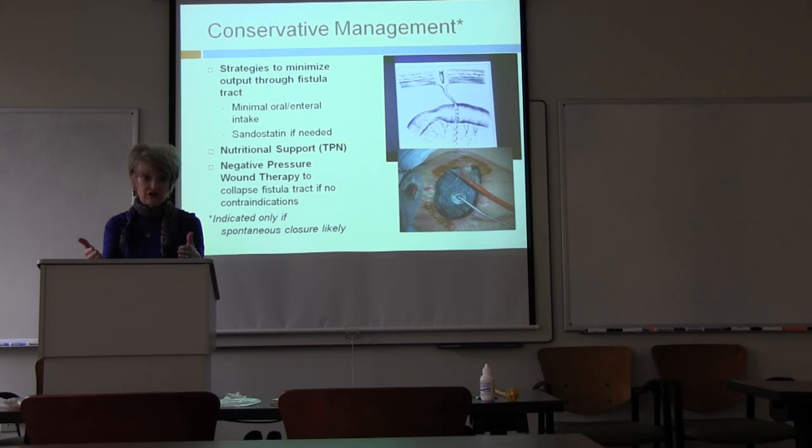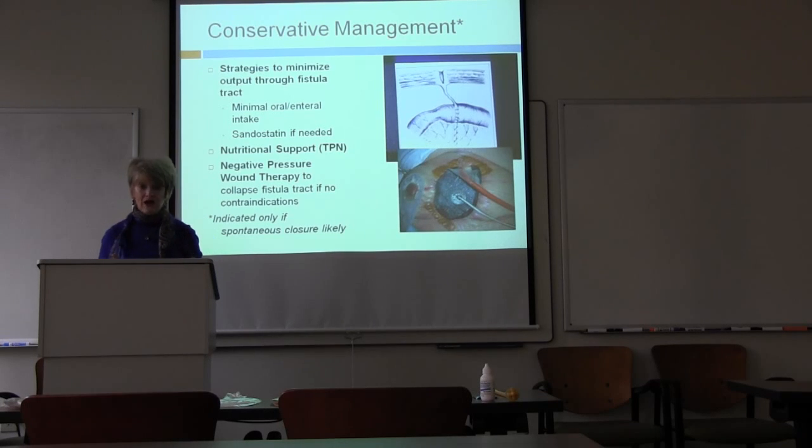Should we keep that patient on sandostatin? Yes. But if the patient is, say, 900 cc's at baseline, we add sandostatin, they go to 800 cc's, that's not a significant difference, and we probably would not continue sandostatin because that small reduction in output doesn't really justify the cost.